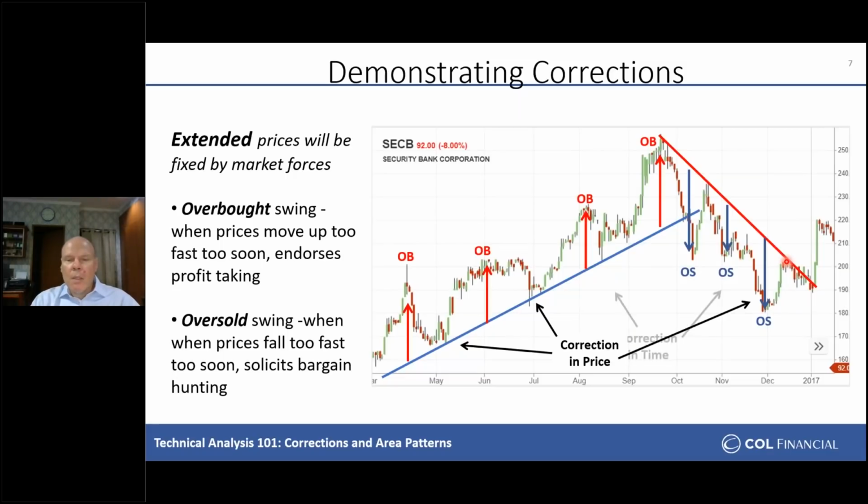Okay? Now, in a correction over time, you will notice that it could be a combination of a little bit of price movement downwards, but generally you will see it sidewind, up, down, up, down, up, down. And that winding phase allows the stock to regain energy. Okay, here you can see the same thing.